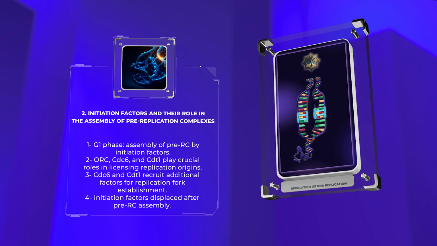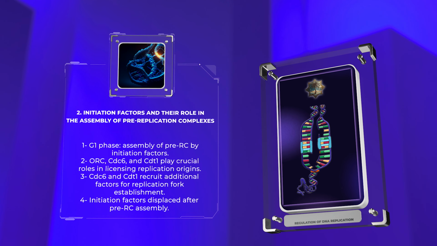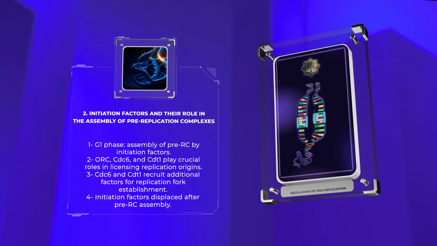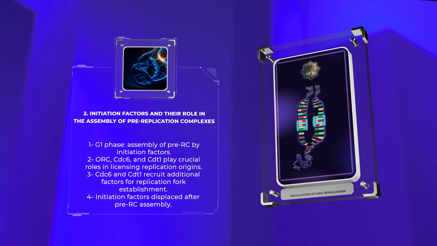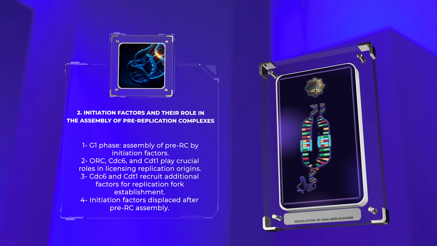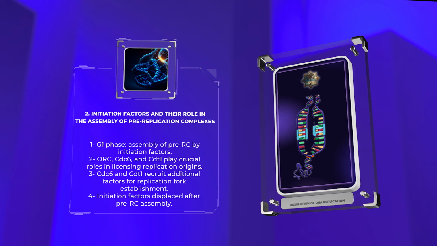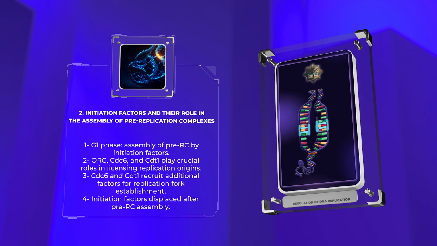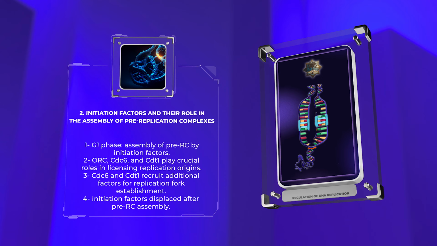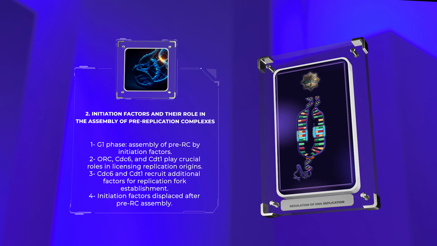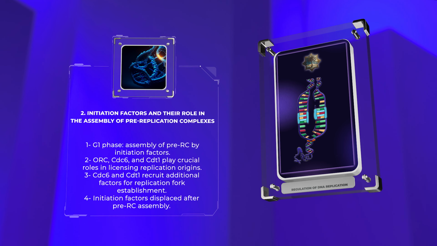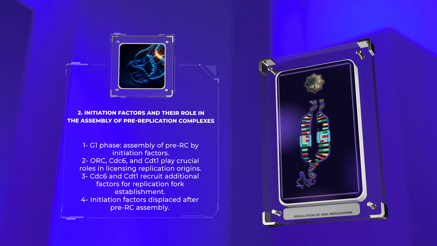CDC6 and CDT1 are proteins that interact with ORC and recruit additional factors necessary for the establishment of a functional replication fork. Once the pre-RC is fully assembled, the initiation factors are displaced, and the replication machinery can be loaded onto the origin to initiate DNA synthesis.